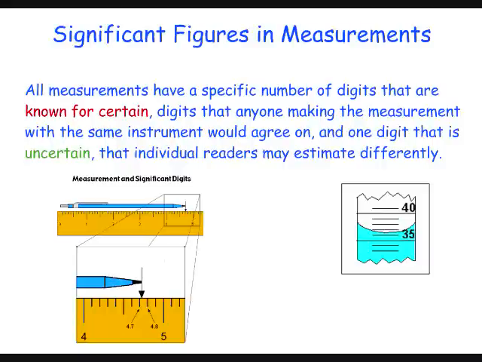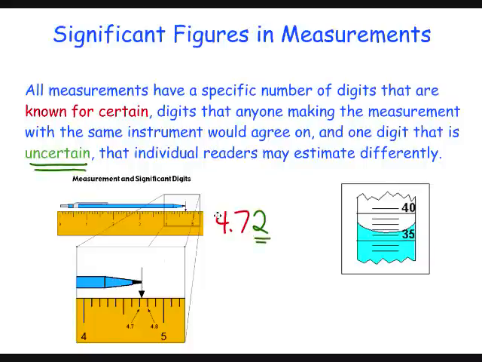So for instance, if we look at the ruler here, the digits that everyone should agree upon would be the 4.7 part of this. And the digit that is unsure, if we estimate in between the 4.7 and the 4.8, some people might look at that and say, oh, it's 4.72. And so that 2 is our uncertain digit.